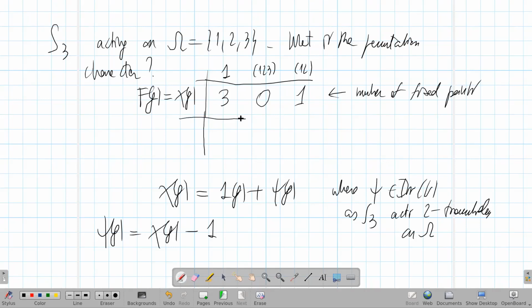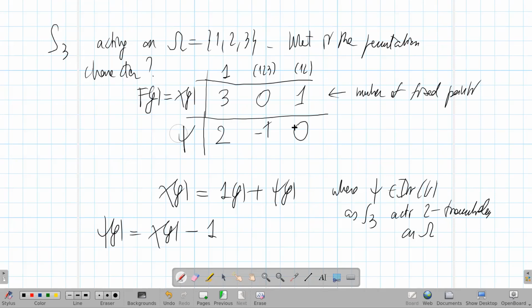So what's the character psi? You obtain the character psi by subtracting 1 from all the values of chi, because this is the trivial character, so it has always values 1. So you subtract it, and you find 3 minus 1 is 2, 0 minus 1 is minus 1, 1 minus 1 is 0.